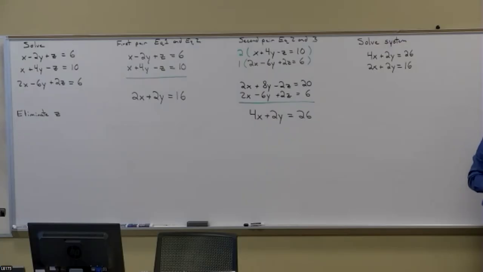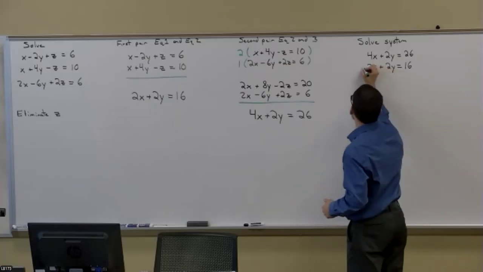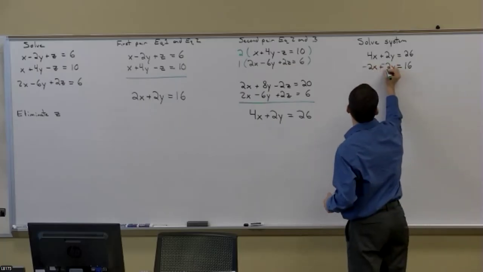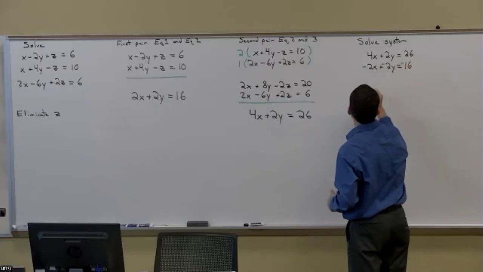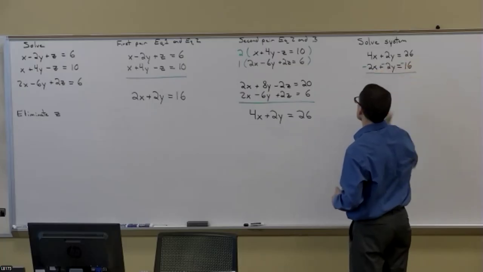You guys know what I'm going to do? I'll do another elimination step. This one, again, notice that if I just change the second equation, multiply it all the way through by -1, then I do have opposite coefficients on my y.